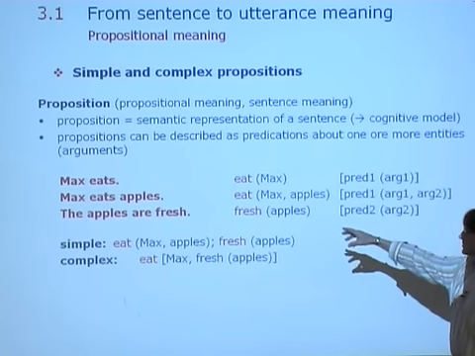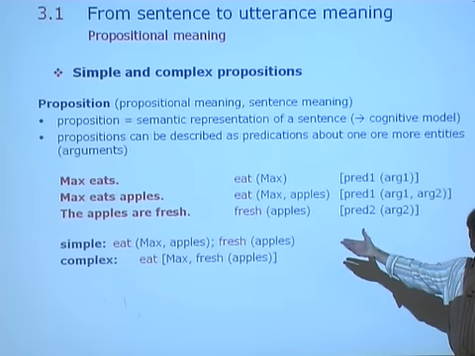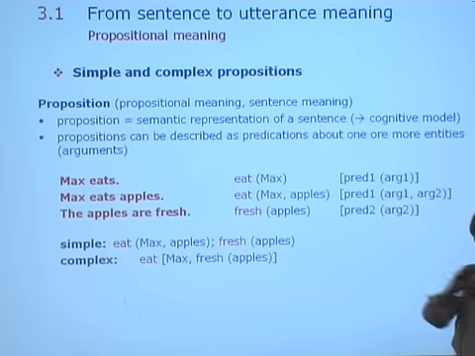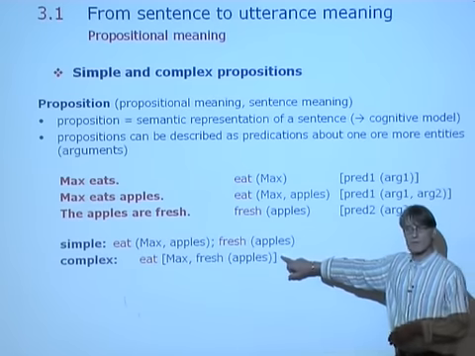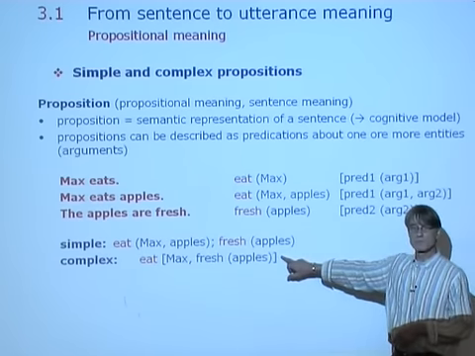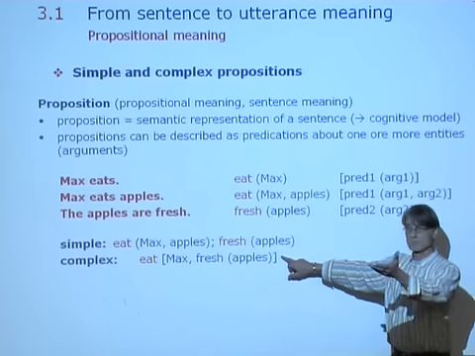apples are fresh, we have simple propositions, but we can combine them and put them together to make things more complex. And usually in sentences produced by human beings, things are pretty complex. So in this case, which sentence do we have here?